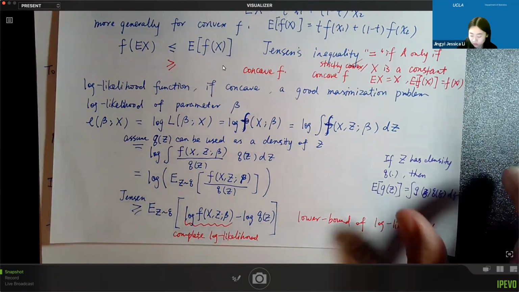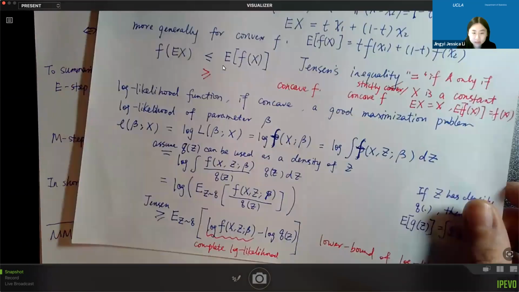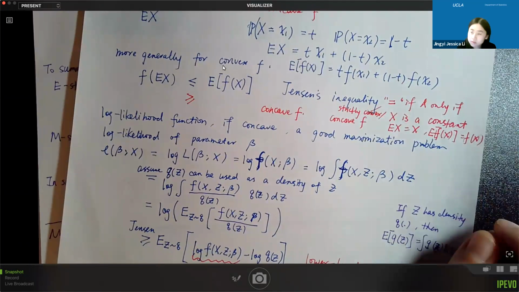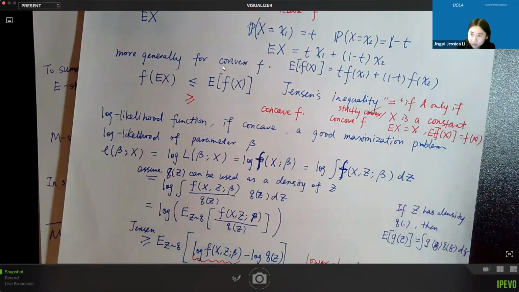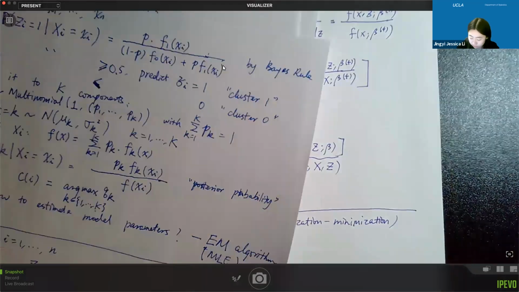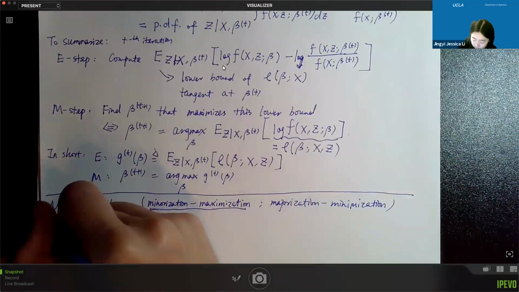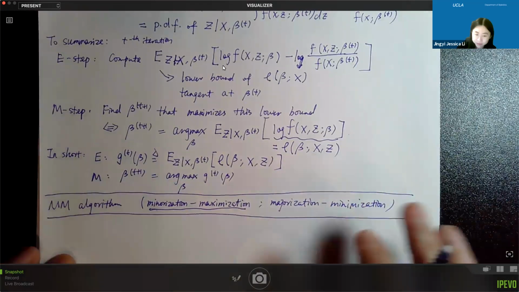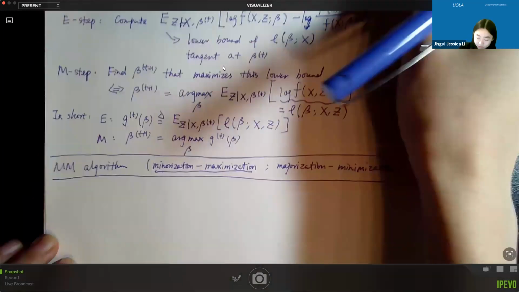All right, so that concludes this model-based clustering part, and this also concludes our clustering part for unsupervised learning. Now, our next part is about dimension reduction, another very important technique for unsupervised learning. You can check the MM algorithm detail in our notes if you're interested.